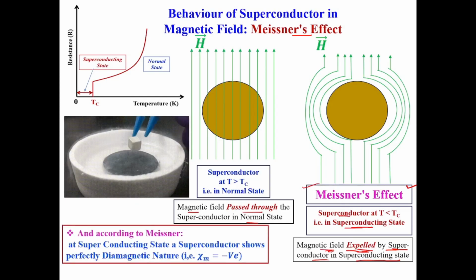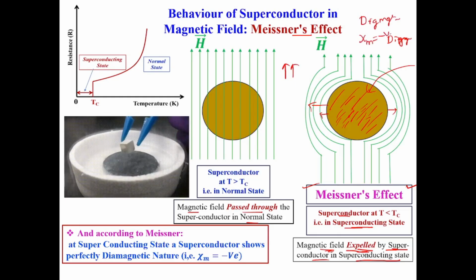Here you can see a conductor which repels, or expels, the applied magnetic flux. That means in the superconducting state it behaves like a diamagnetic material, which can repel the applied magnetic field. We know that a diamagnetic material has negative susceptibility.